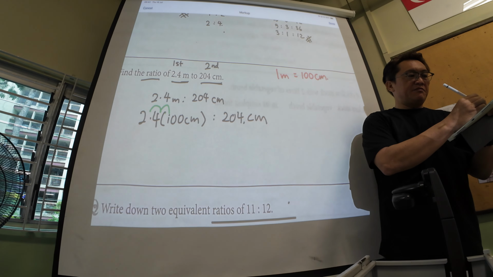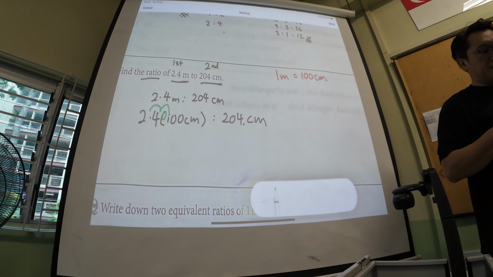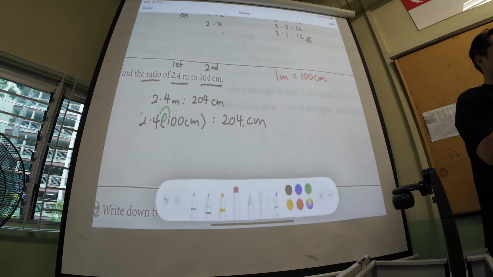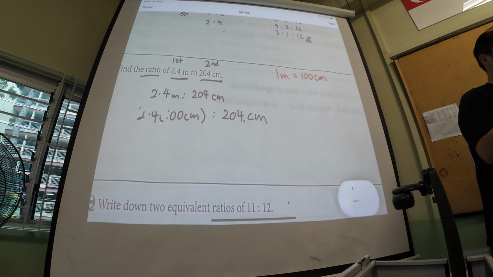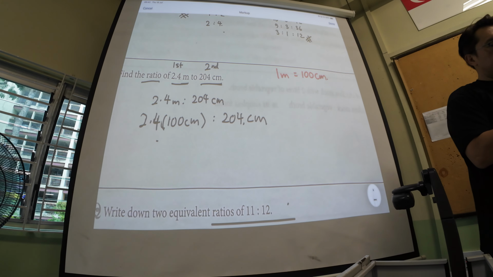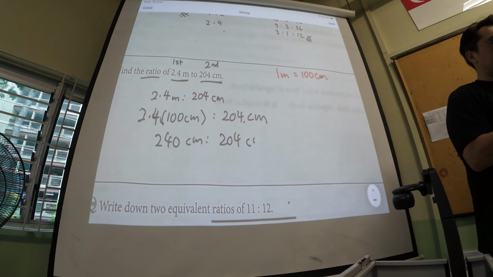I move the decimal point 2 times like that. Okay, so I will have 240 cm is to 204 cm.